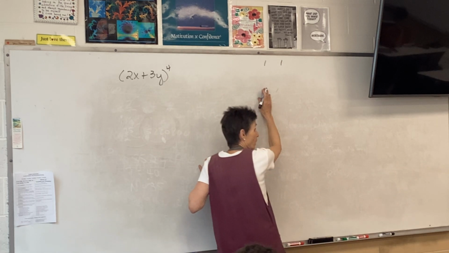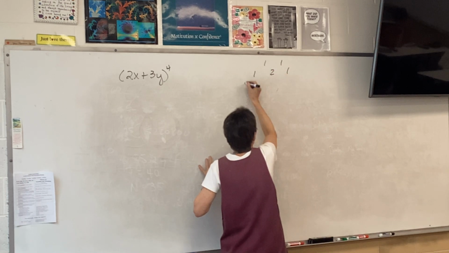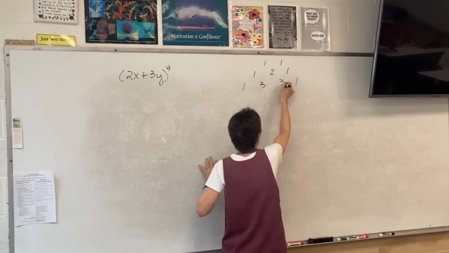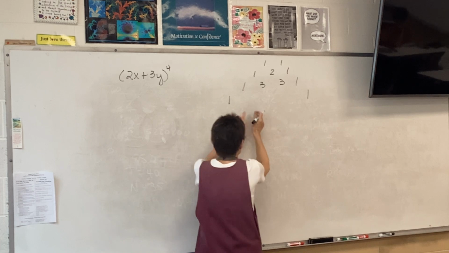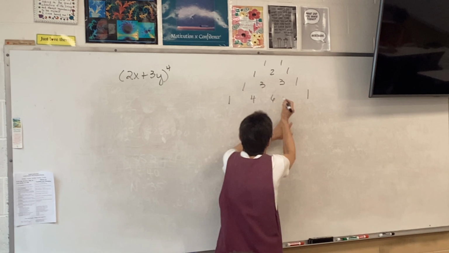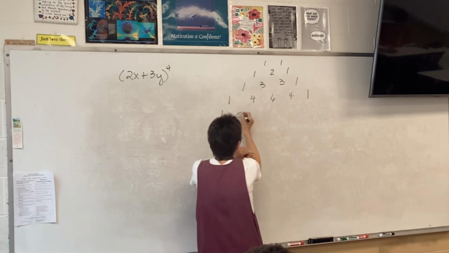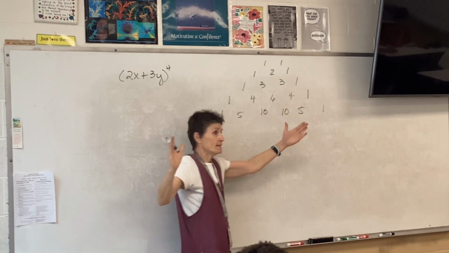Pascal's triangle starts with a 1 and a 1, and then remember the middle terms are the sum. So 1 and 1, and then add these, 1 and 1. So what's here? 4, 6. Yep, you got it. Let's do one more row. And remember, always start and end with a 1.